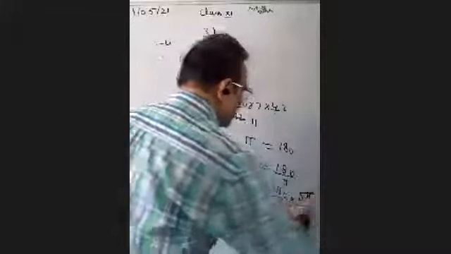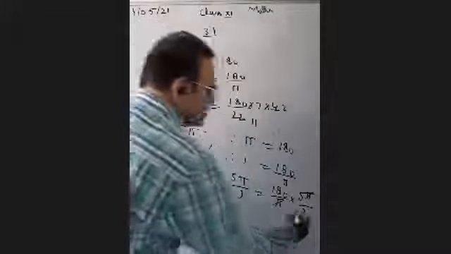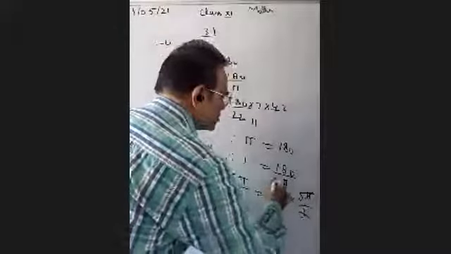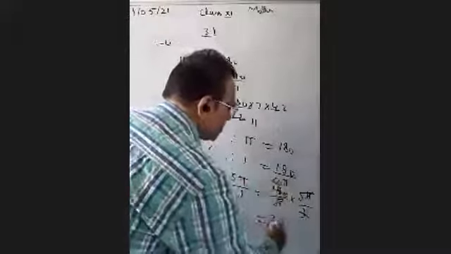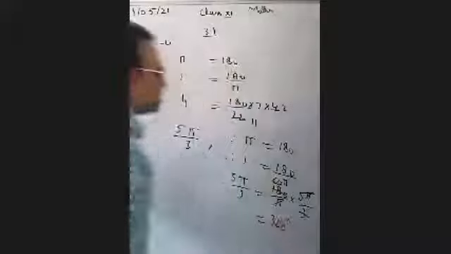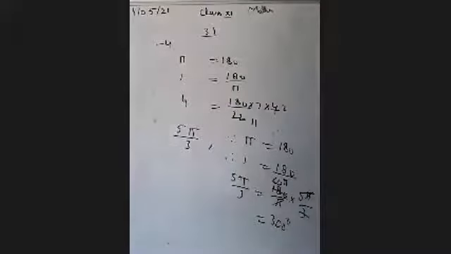So here we are getting pi, so pi we are cancelling. 3 60s are 180, 60 5s are 300 degree. So it is very, very simple. If we get the number such that which are cancelling with pi, okay, then it is a very simple calculation.